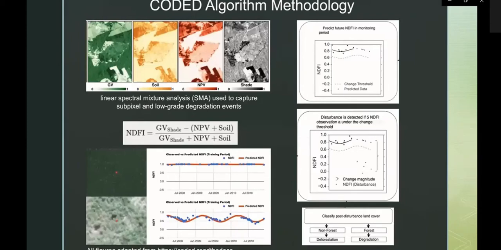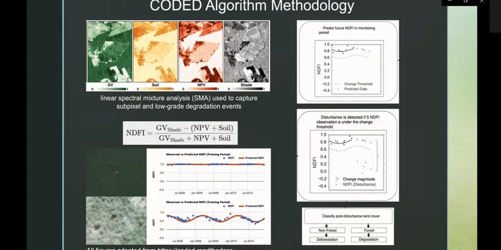Then CODED uses sub-pixel spectral mixture analysis, SMA, using defined spectral signatures of different land covers, which I described earlier, and uses this to calculate NDFI. This is repeatedly performed for every pixel over time, so NDFI can be evaluated as a time series. This process can detect sub-pixel scale changes of the spectral signature reflected by the land cover.